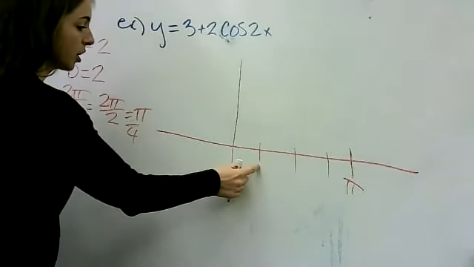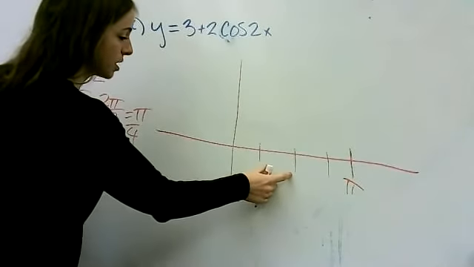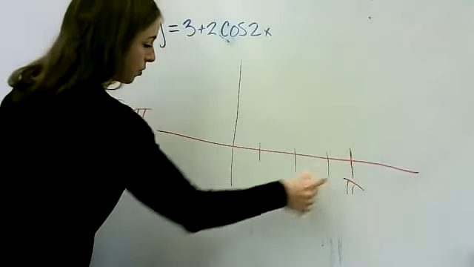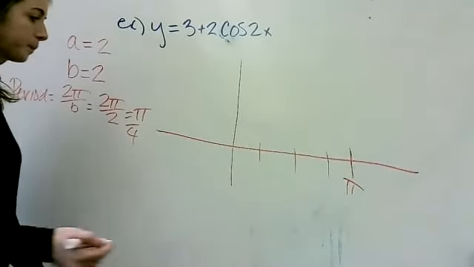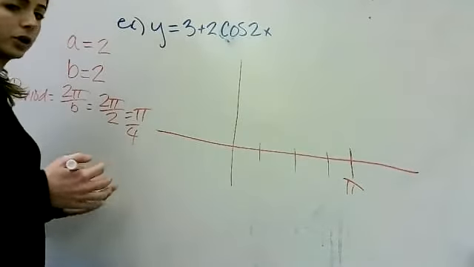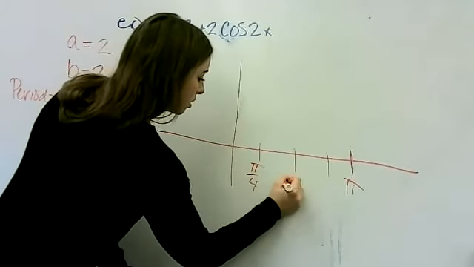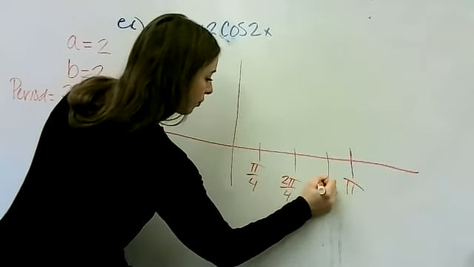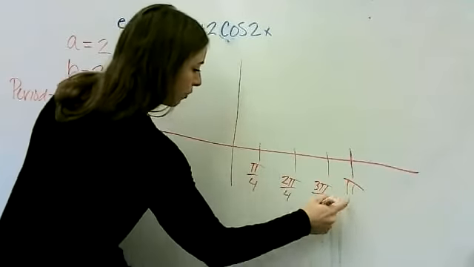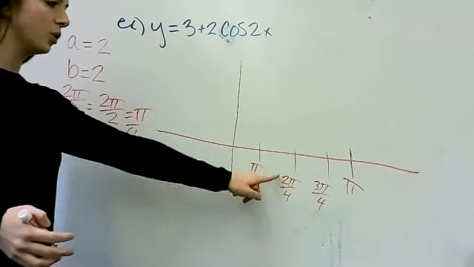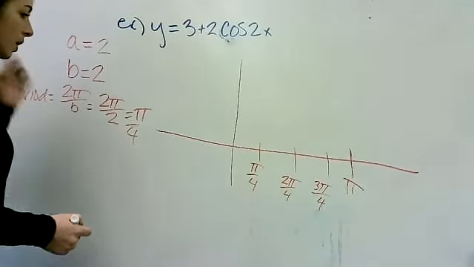That means that this chunk is pi over 4, this chunk is pi over 4, and these are both pi over 4 individually. So I can truly just count straight up. This is 1 pi over 4, 2 pi over 4, 3 pi over 4, 4 pi over 4. Again, you can simplify this down to pi over 2.